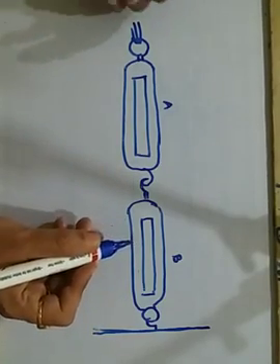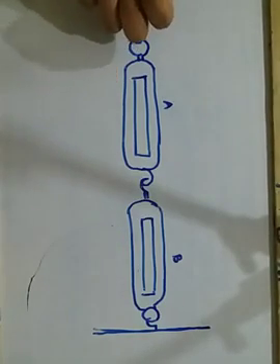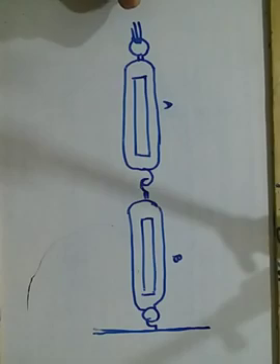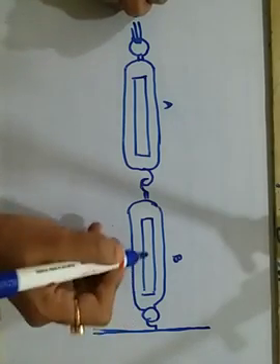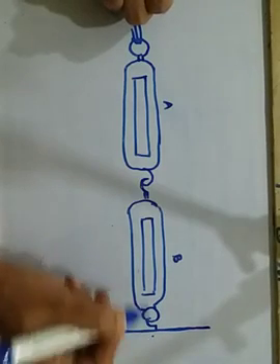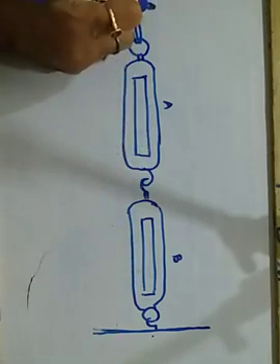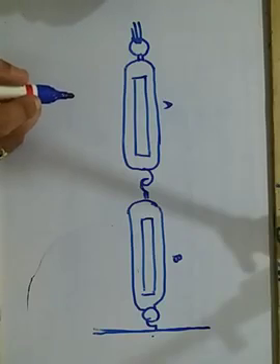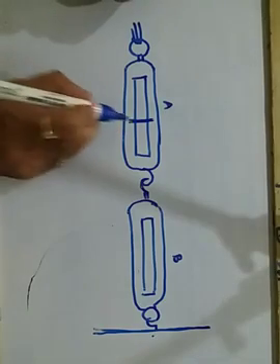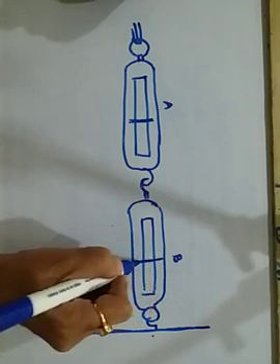What will happen is, when you try to pull, see here, I am pulling from this point. When you pull the spring balance A, the spring balance B, being attached to a fixed support, gets stretched along with A. And when it is stretched, you will find that there is some reading shown on the spring balance A. If you compare the reading seen over here and on B, B also shows the same reading.